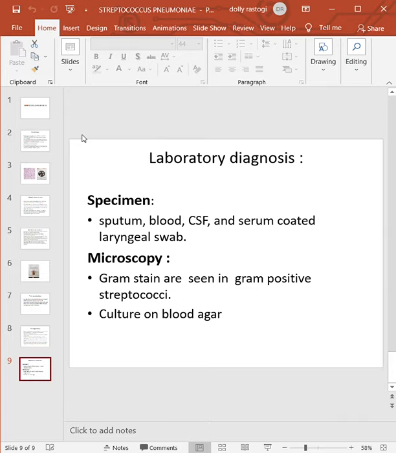The growth occurs after overnight incubation.